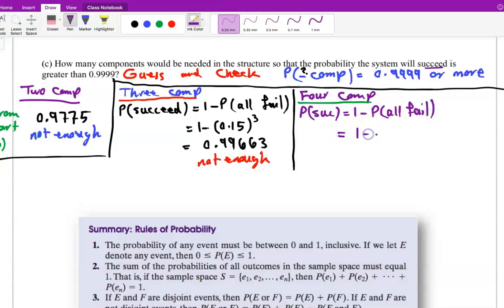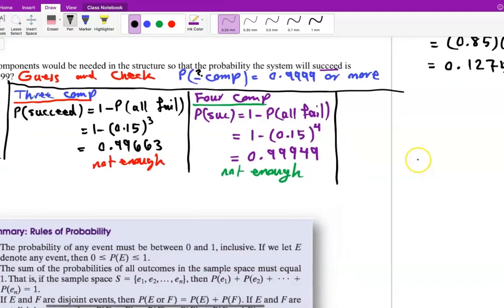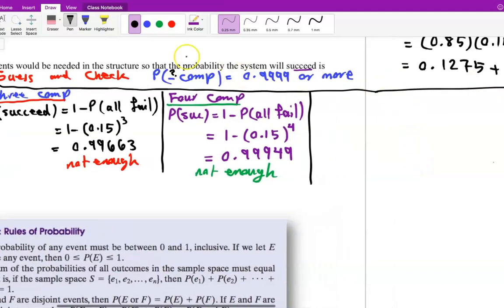So it's 1 minus, for fail we have 0.15, and since we have 4 components, the power is 4. That is 0.99949. Again, it is not enough. Now 5.